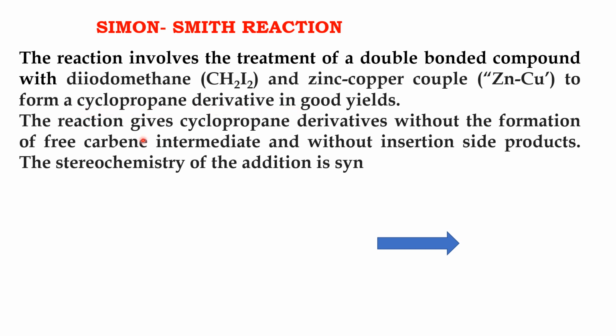Or we could say the reaction gives cyclopropane derivatives without the formation of free carbene intermediates and without any insertion side products. So the reaction should be with double bonded compounds and diiodomethane in the presence of zinc-copper couple.